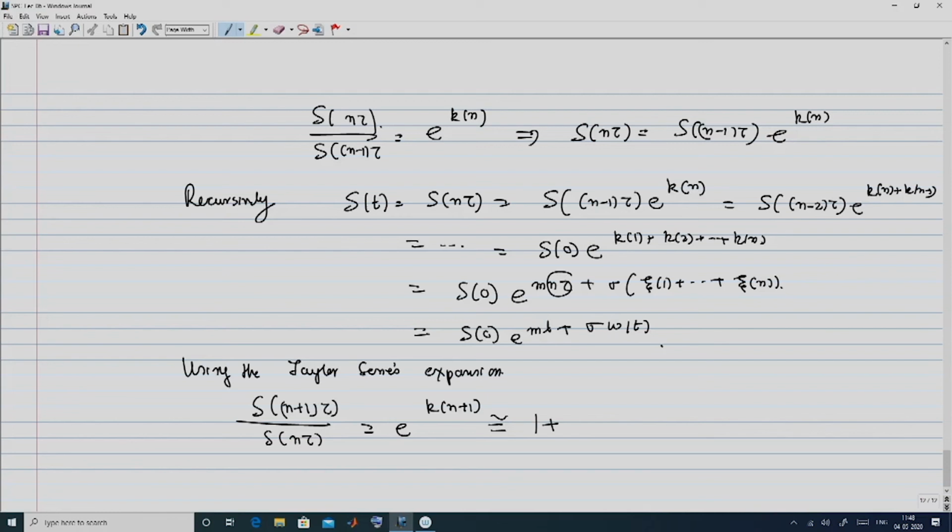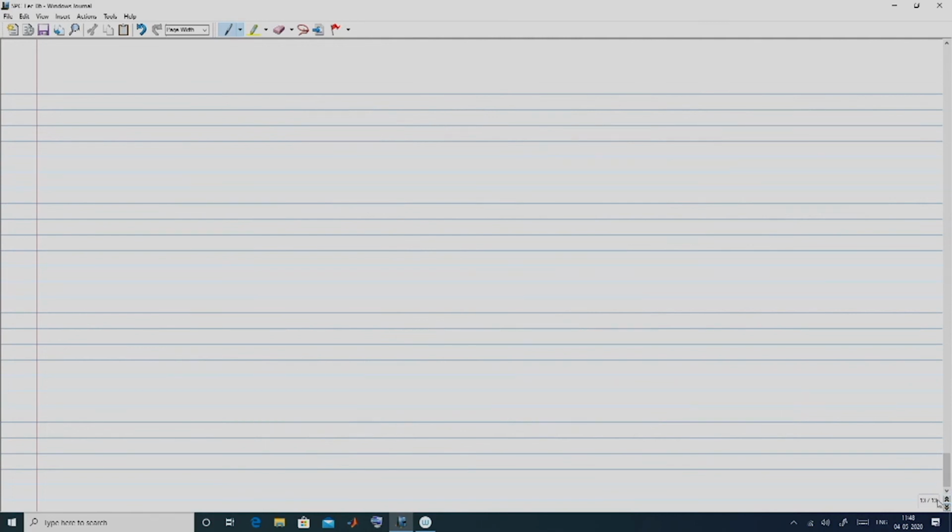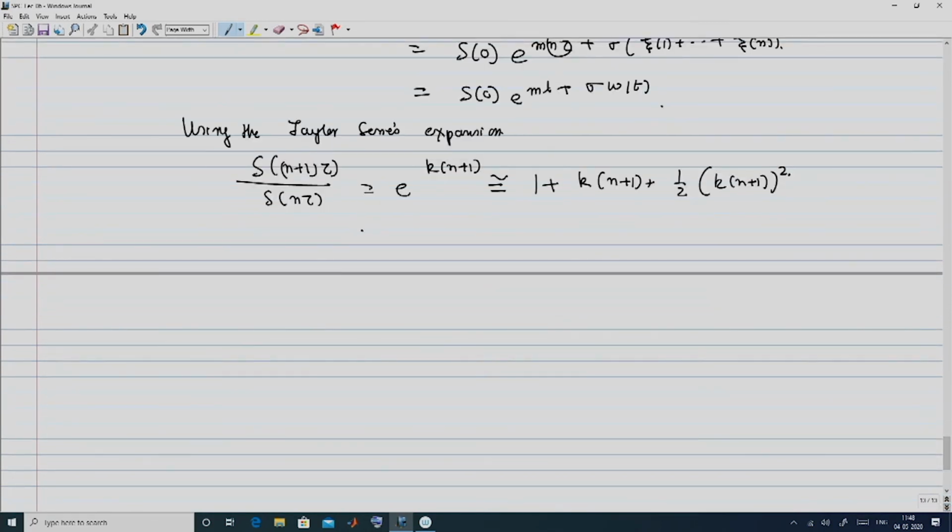So, I can approximate this as 1 plus k n plus 1 plus half of k n plus 1 whole square. We neglect the higher order terms here. So, what I need to take care of is we need to look at this term first.